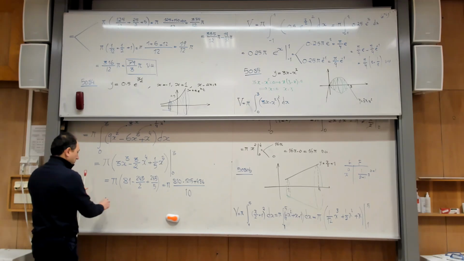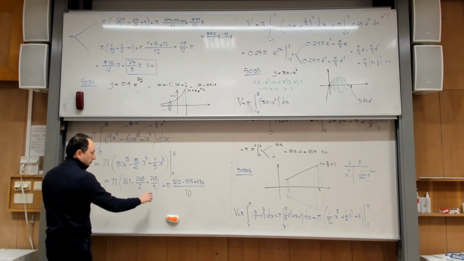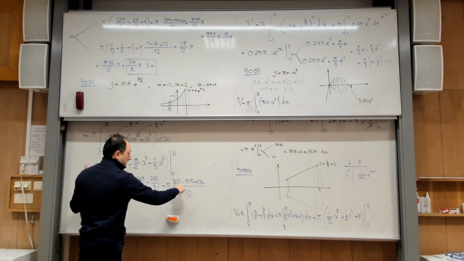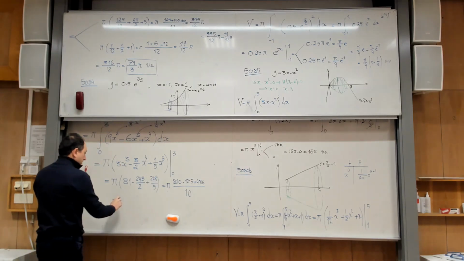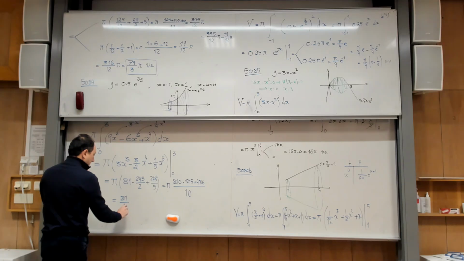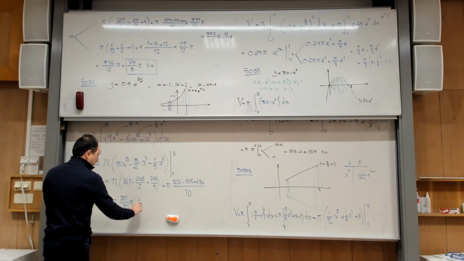Let us see how it works. This is 1200, that is gone, minus 581, yes? This becomes 81 over 10 pi volume units.